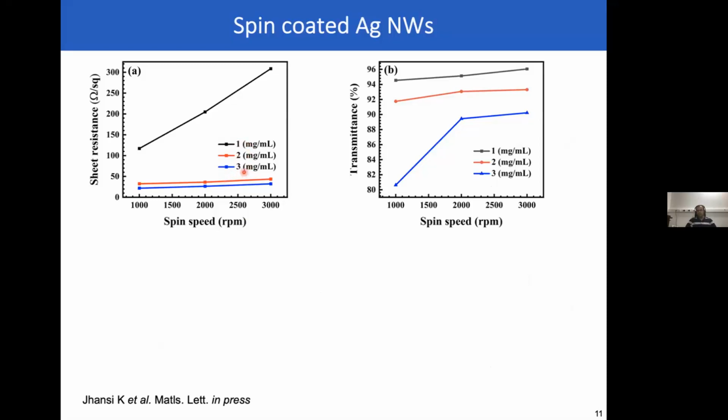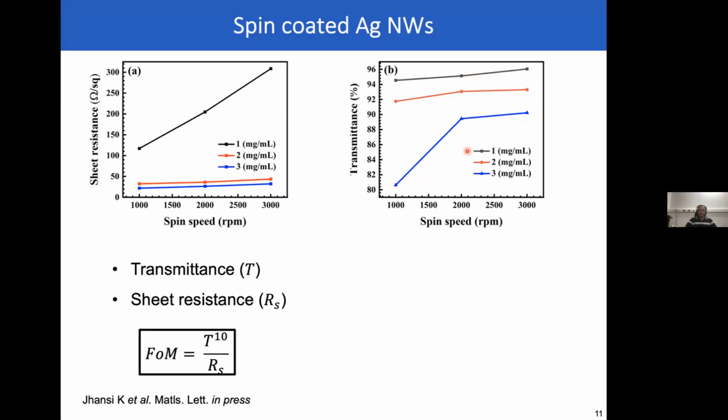More wires means more silver, and obviously more silver means lower sheet resistance. That's what we see. The transmittance behavior is slightly reversed. If I have more wires, then I will have more scattering of the light, which means lower transmittance. So in one way this is good, but on the other hand, this is bad.